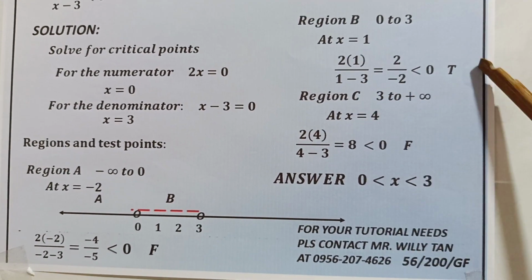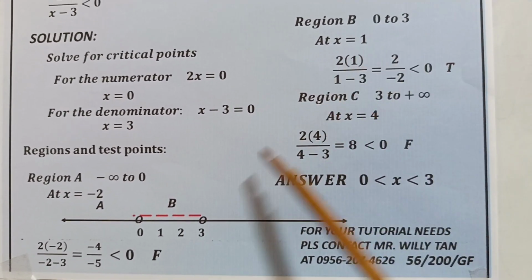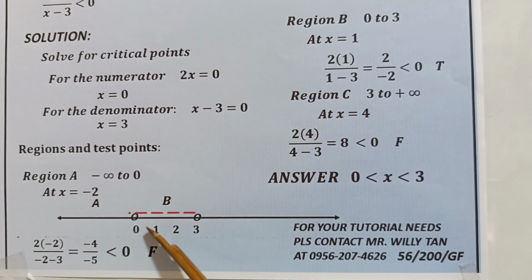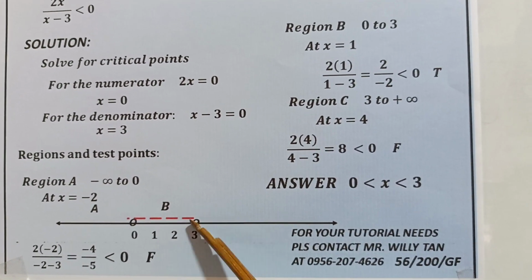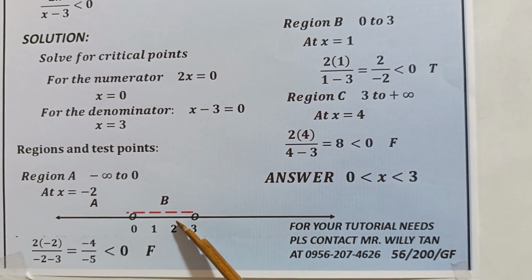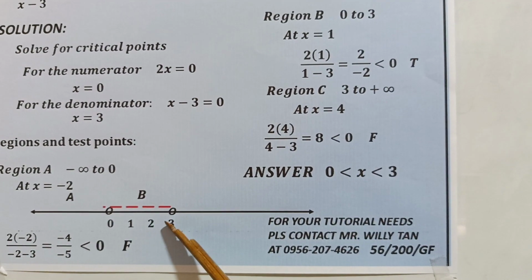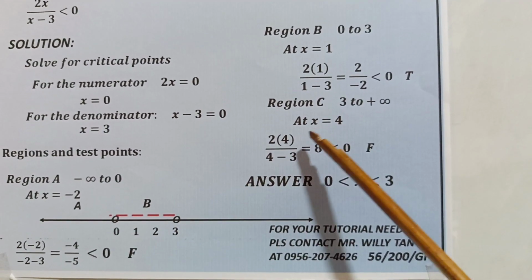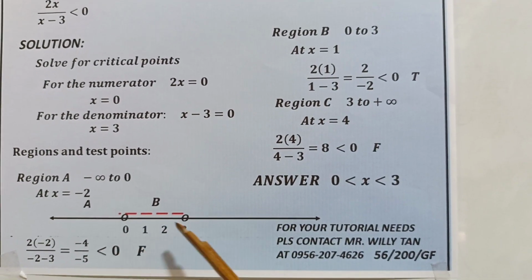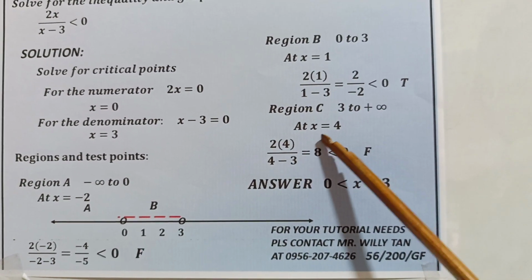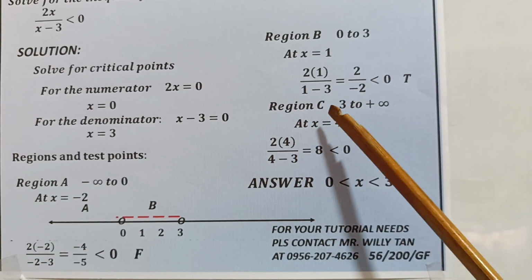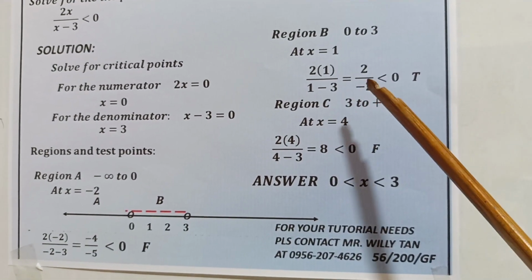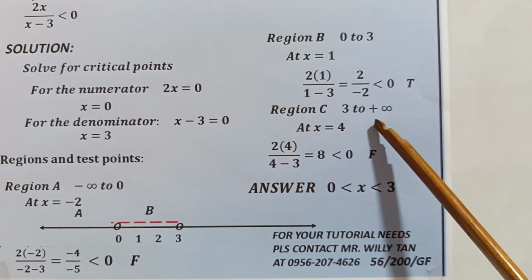So this is true, and this region is a solution because it satisfies the given inequality. So we have one solution here, from 0 to 3, excluding 0 and 3.